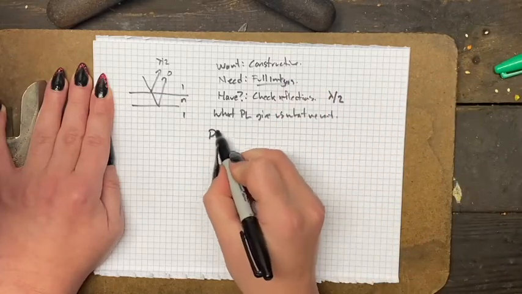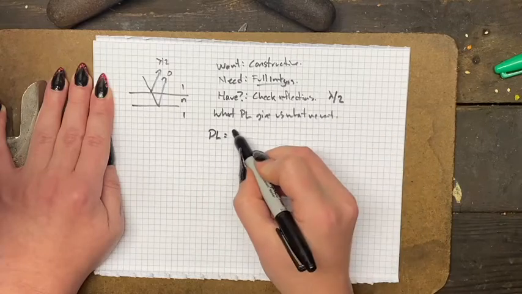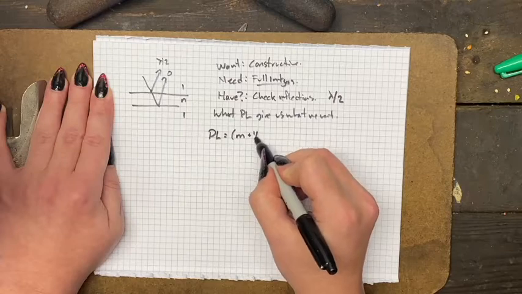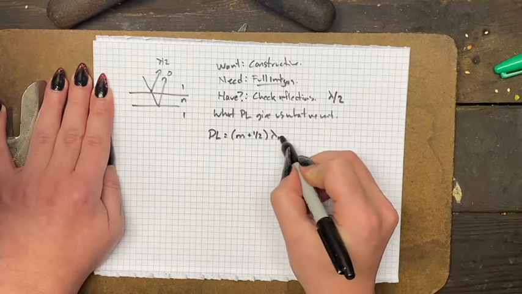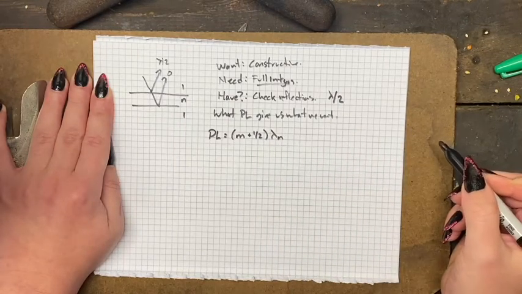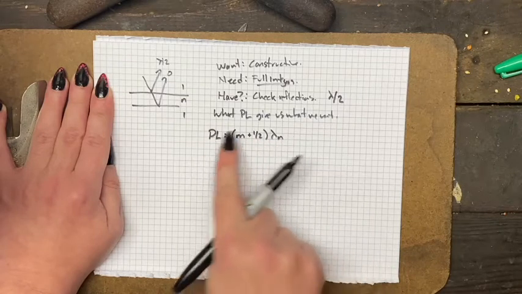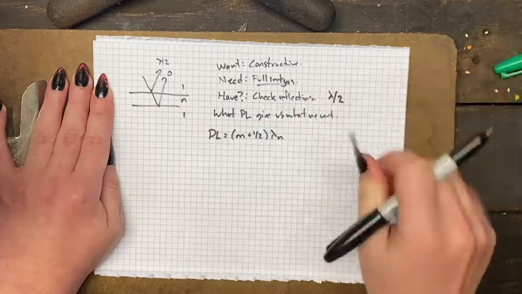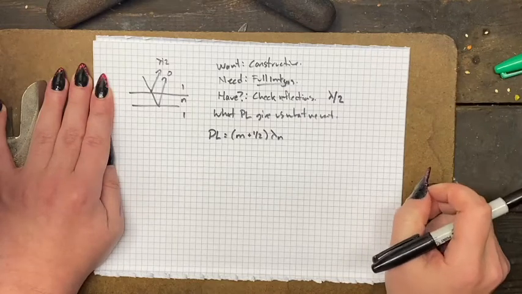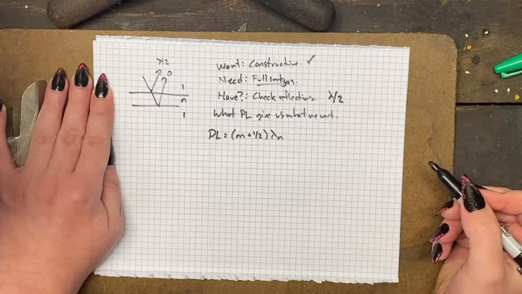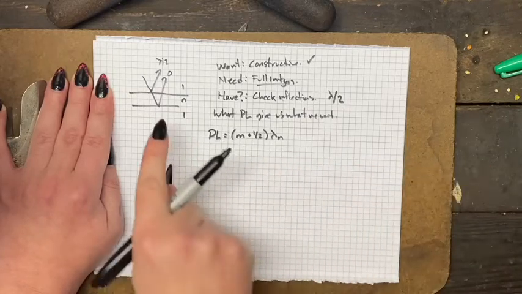So I'm going to choose a path length that isn't just m. I'm going to choose m plus 1/2. Okay? And the purpose of this is to make sure I wrap an extra half into the path length to add to this one to make sure everything comes out to a clean, even integer, if the goal is constructive interference. What is the path length?